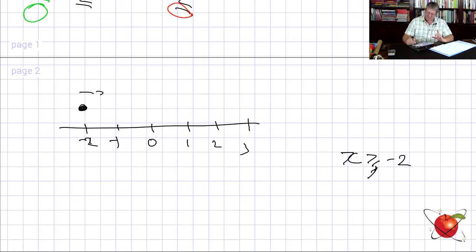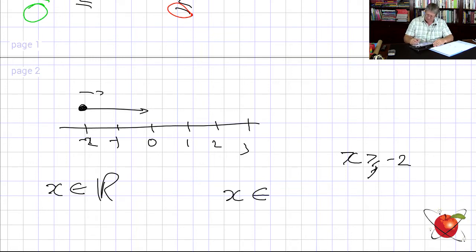Now the next thing is I look at what x can be. If x is an element of the reals, it means x can be fractions, so it's everything that way. What if they told me x was an element of integers? Well, I still have the solid dot, because x must be greater than minus 2 or equal to. So I still have that and I'm still going that way.